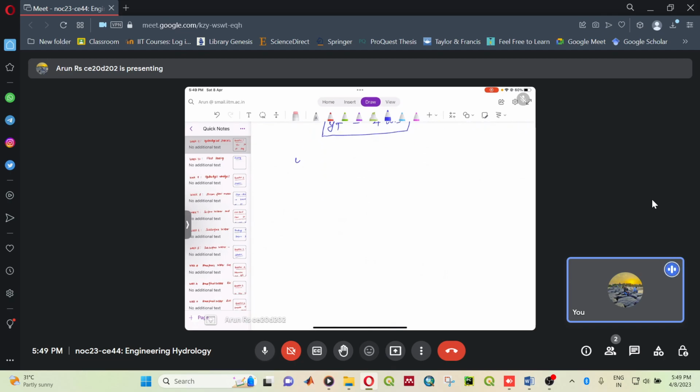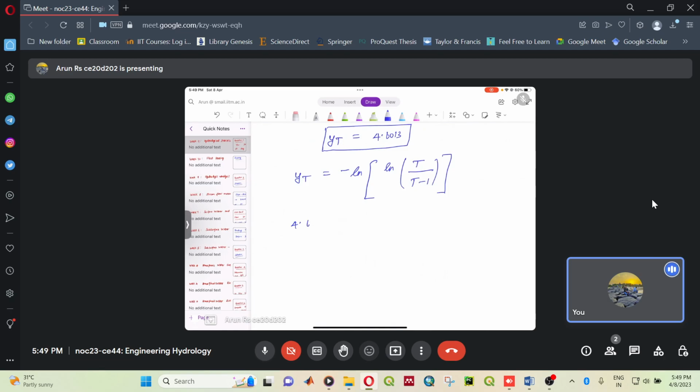Now we need to find out the return period, which is given by T by T minus 1. This is the formula for yt.